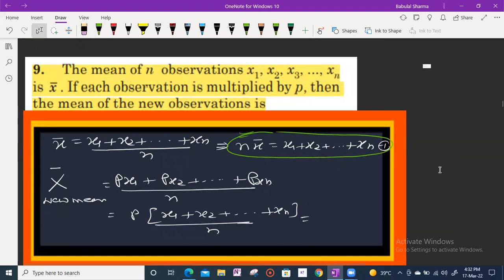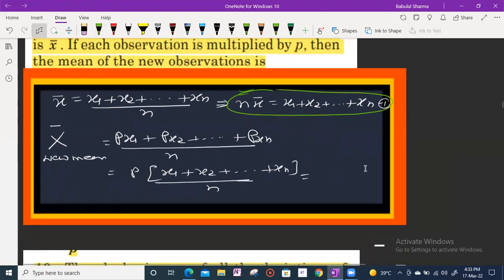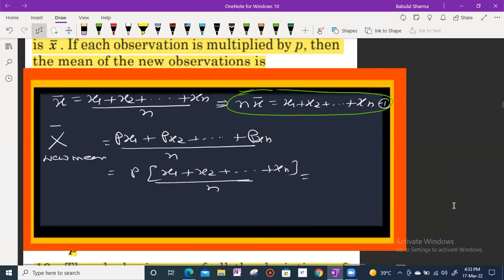So you can write here in place of that is p, and this is n x bar upon n. क्योंकि देखिए x1 plus x2 plus last term is xn, that is given by n x bar. So in place of x1 plus x2 plus dot dot dot plus xn, we can write n x bar. So now this n and n is cancelled.